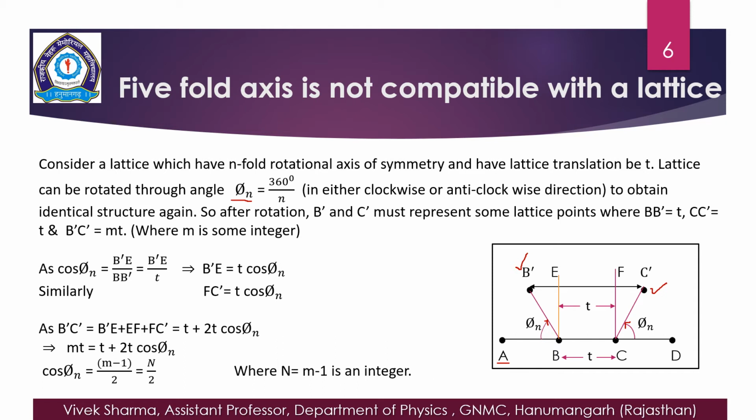Now B dash should be some translational vector T, and C dash must be some translational vector T. In terms of T, we can represent B dash and C dash. But the distance B dash C dash must be empty, M times T, where M must be some integer.